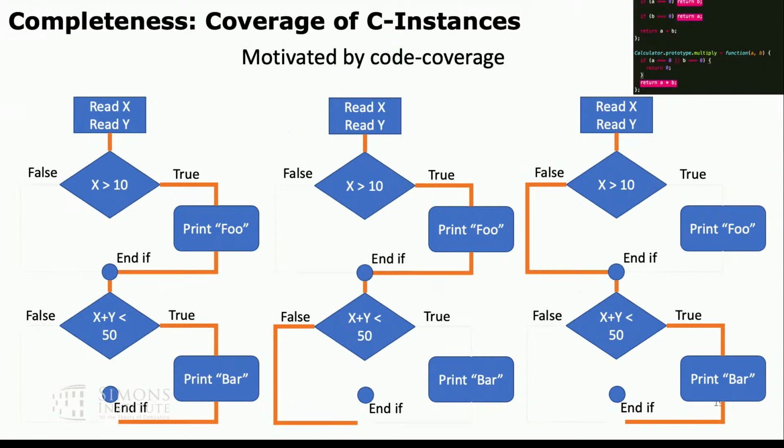How about the completeness? The notion of completeness was motivated by code coverage. We want to make sure that these different parts of this conjunction and disjunction are covered by the different conditional instances that we are returning.